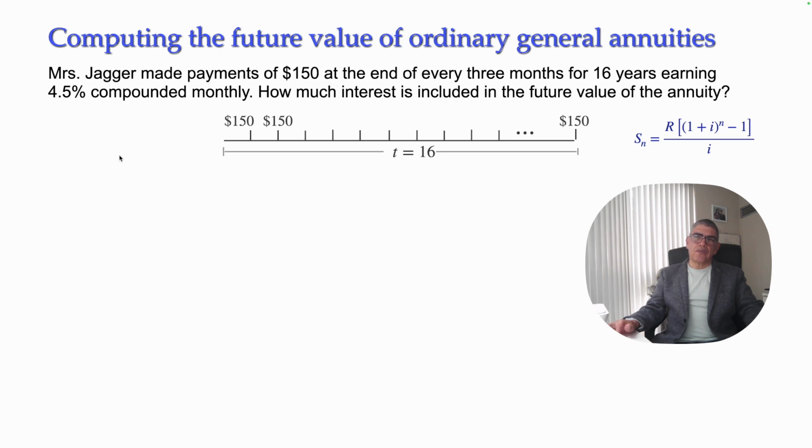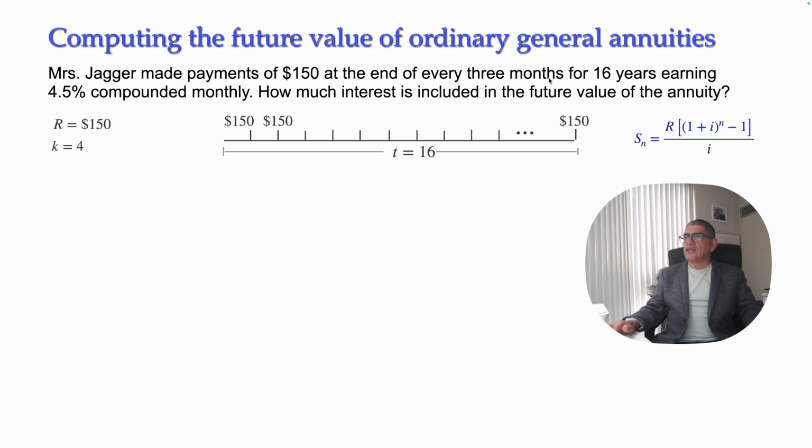So these 150 are the payments, R equals $150. We also have that these payments are at the end of every 3 months, so every quarter. So there are 4 payments per year. So you know that k equals 4. I'm using k for representing the number of payments per year.